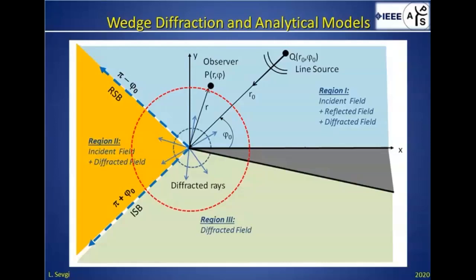It is used in graduate level or PhD level diffraction courses as the canonical structure, where mathematical foundations can be applied, taught, and understood easily. So remember, we have three regions according to the location of the line source. Next slide, please.